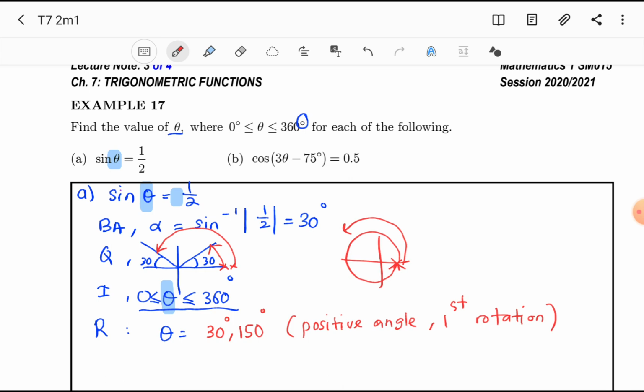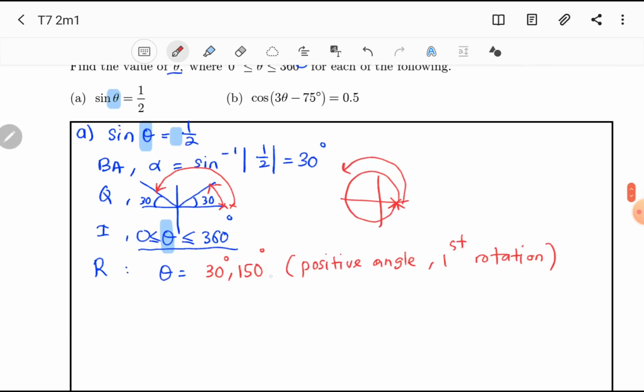So for this case, we stop here lah. So the answer is 30 and 150 degrees.